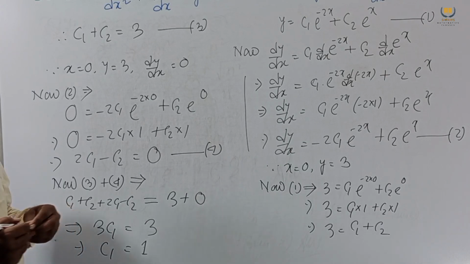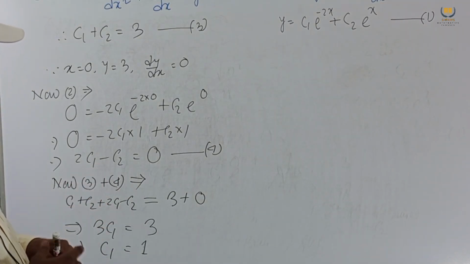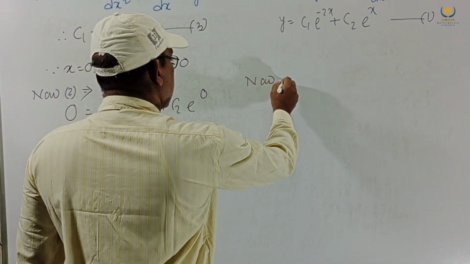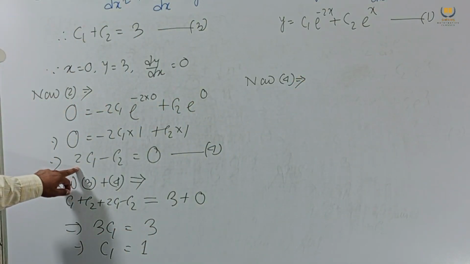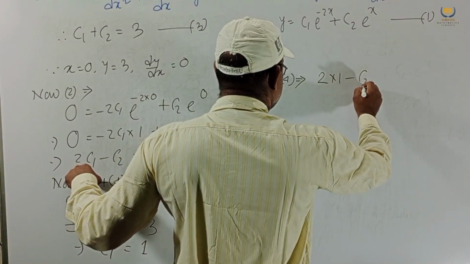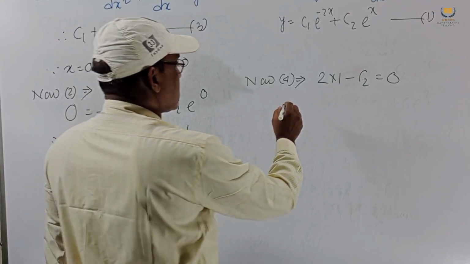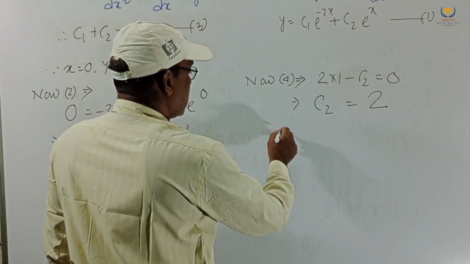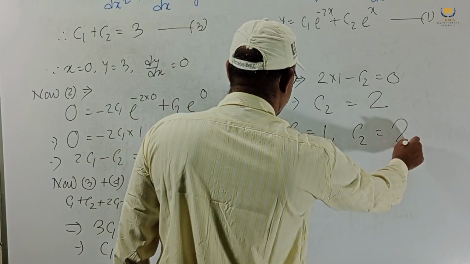We put the value of c1 in equation number 4: 2 into 1 minus c2 equal to 0. So c2 equal to 2. Therefore c1 equal to 1, c2 equal to 2.